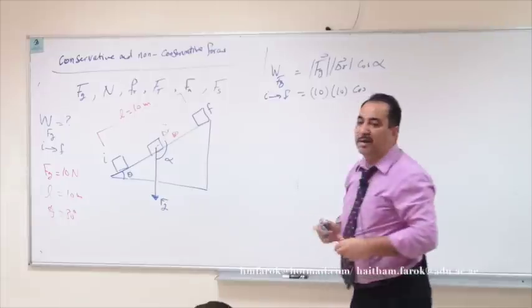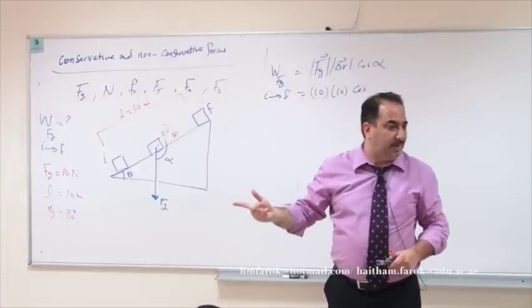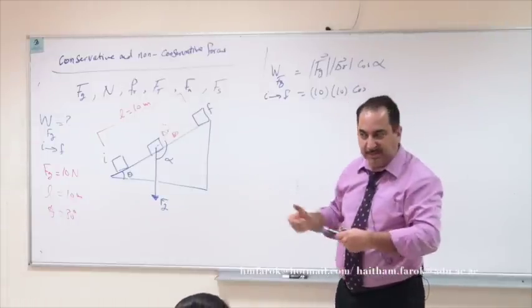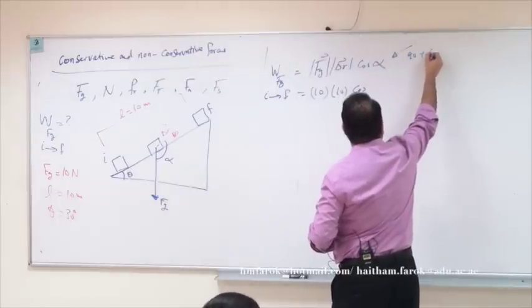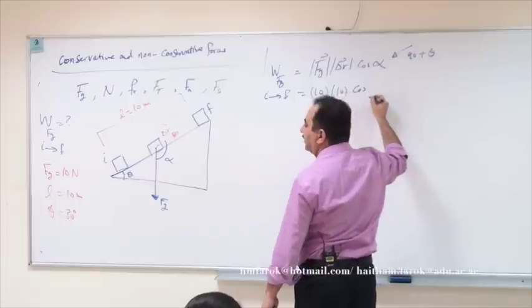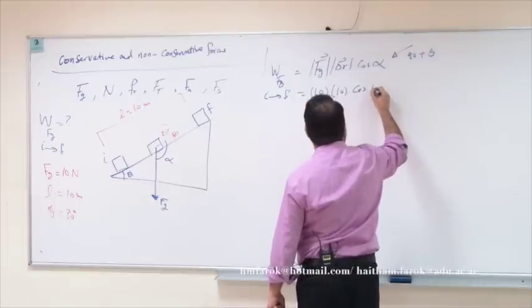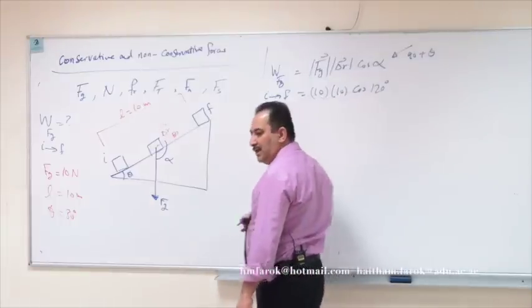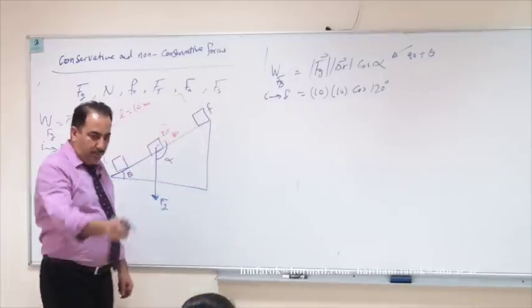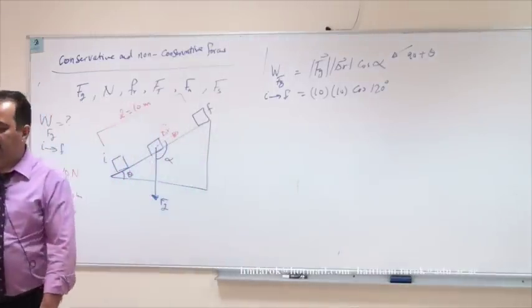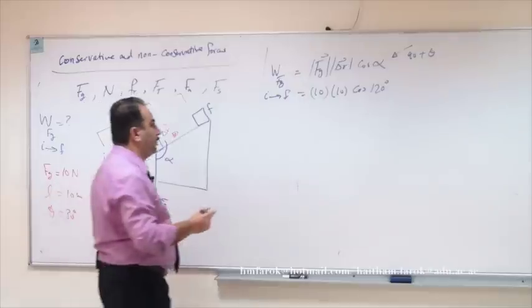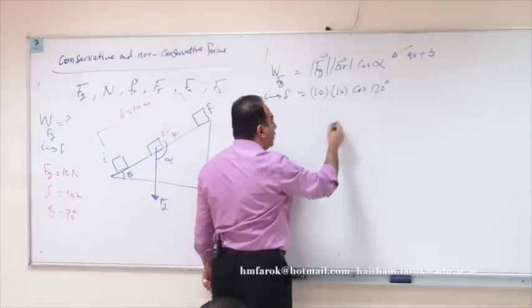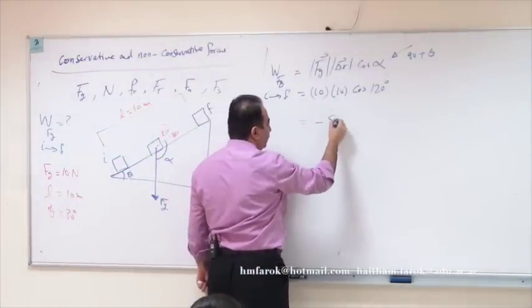How much is alpha? 90 plus theta. When you go up, it's 90 plus. So alpha here, 90 plus theta, which is 120 degrees, yeah? Now, calculate how much it is. Definitely it is negative. Negative 50, because cosine 120 is negative. Negative 50 joules.